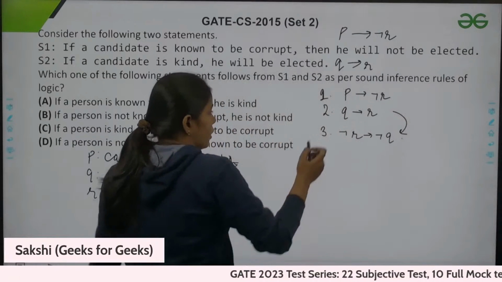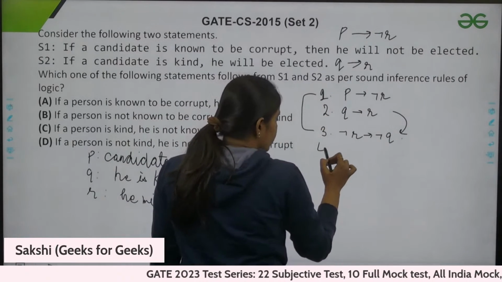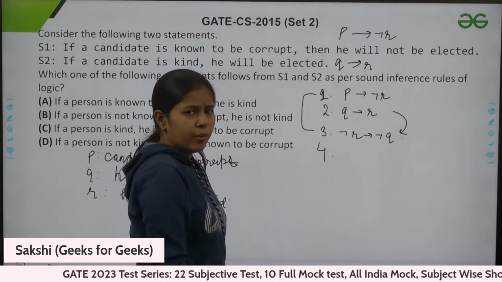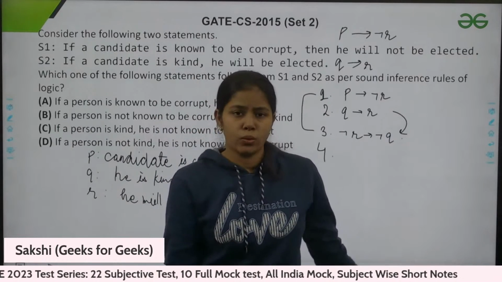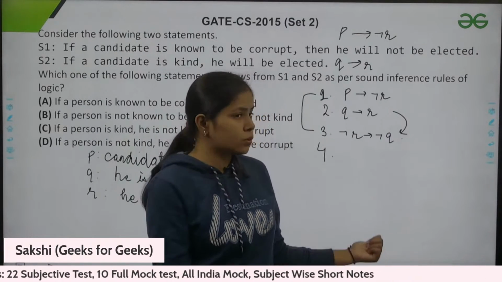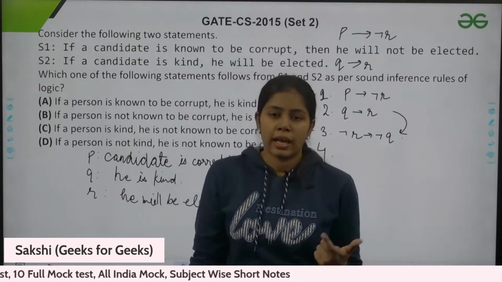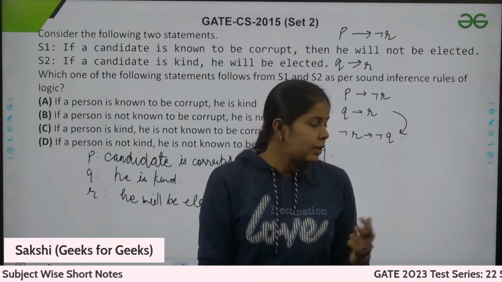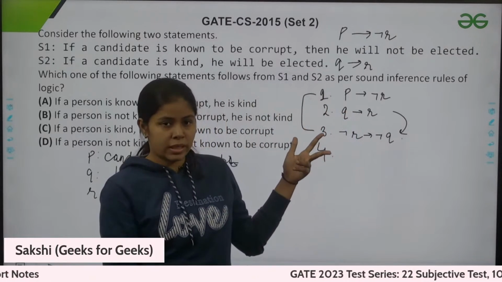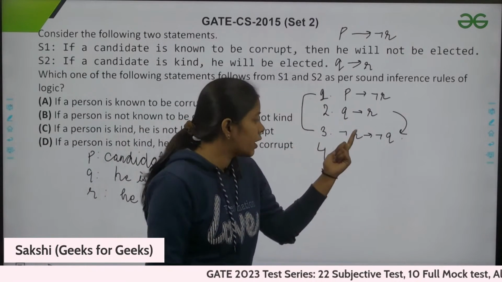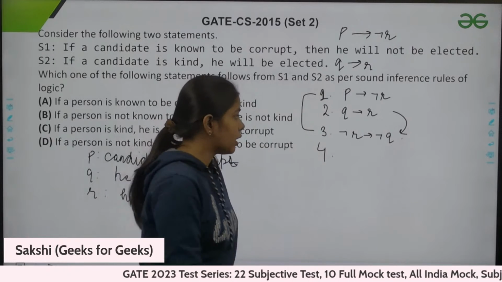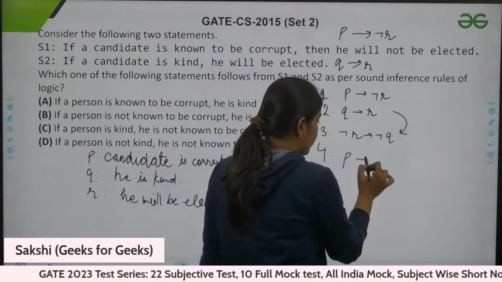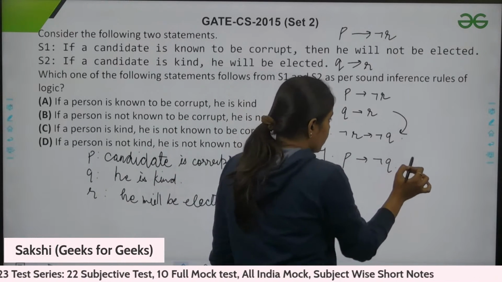So now can I combine these two? Do you remember which rule we can use here to combine these two? We have used hypothetical syllogism, right? Which combines two statements, p implication negation of r, and here negation of r implication negation of p. So that would give me p implication negation of q.